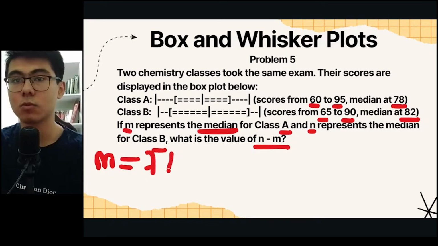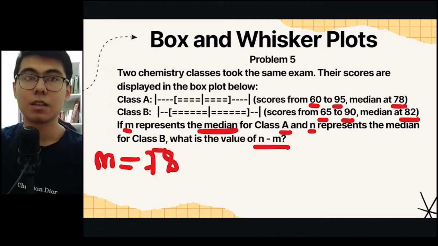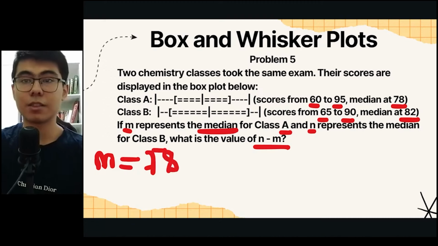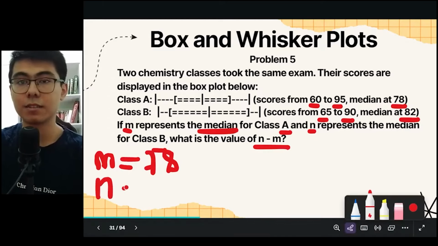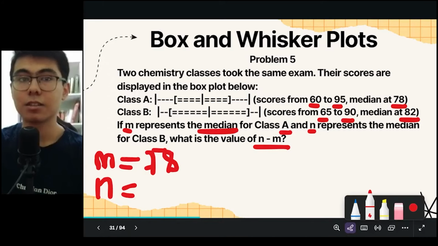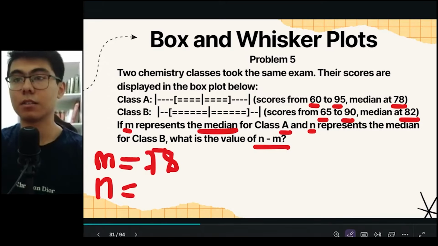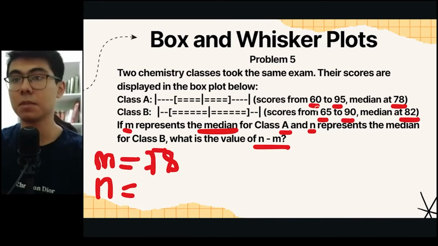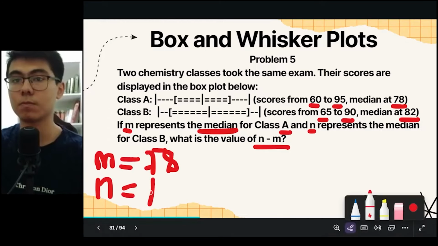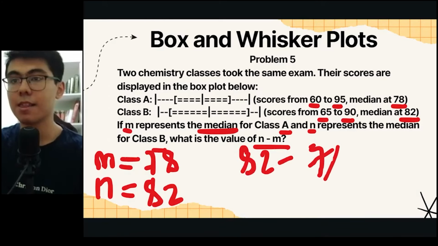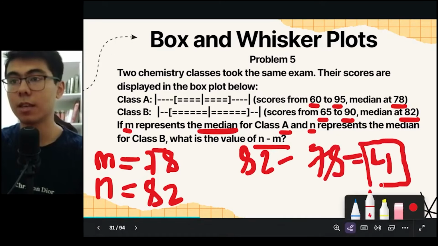So M equals 78. And the next thing is the value of N. Well, N represents the median for class B, so the median here is 82. So 82 minus 78 is going to be 4. So the answer to this question is 4.